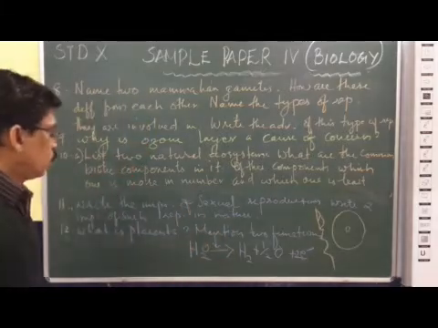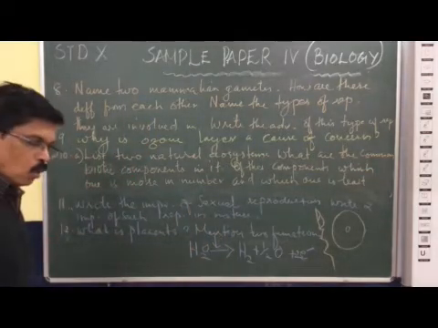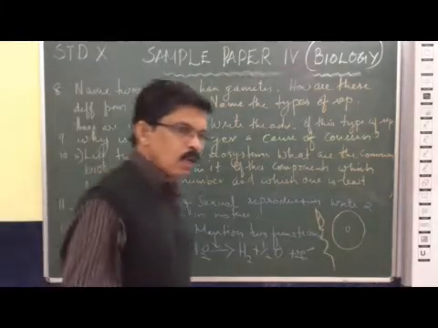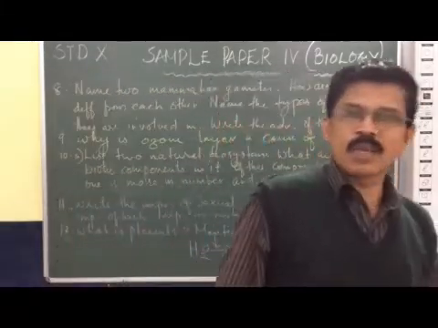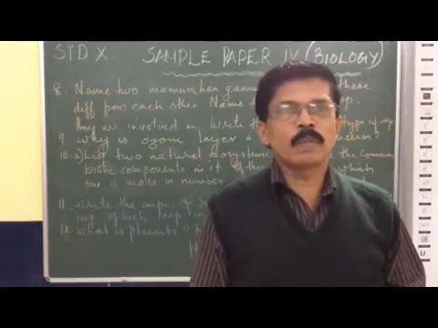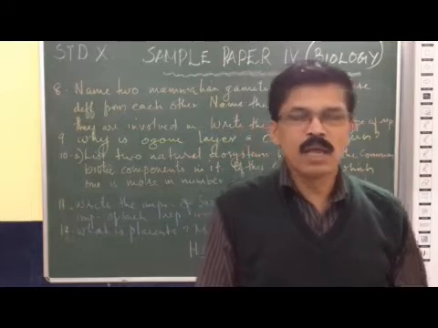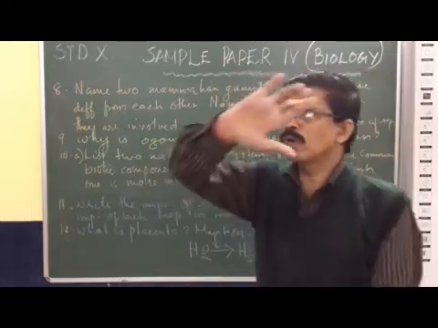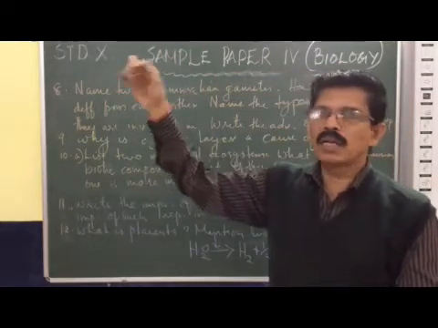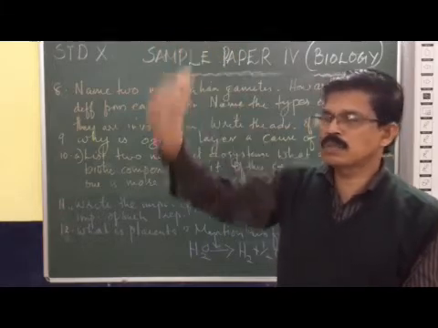Now, ninth question: why is the ozone layer a cause of concern? The ozone layer is found in the stratosphere, around 50 km away from the Earth's surface. This ozone is made up of 3 oxygen atoms, triatomic oxygen, O3, and it acts as an ozone umbrella and prevents the harmful ultraviolet radiations coming from the sun.